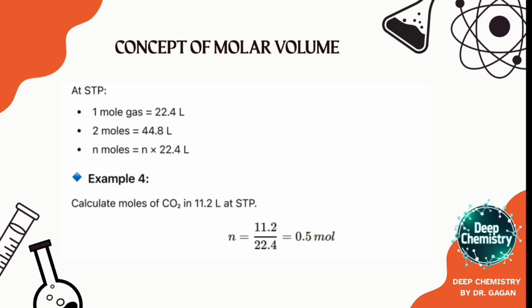If you ever forget, just think of it like 1 mole of gas always breathes in 22.4 liters of space at STP. Let's take a quick example. Find moles of carbon dioxide in 11.2 liters. Then small n will be equal to 11.2 upon 22.4, that is equal to 0.5 moles.